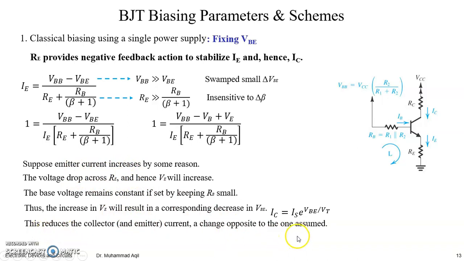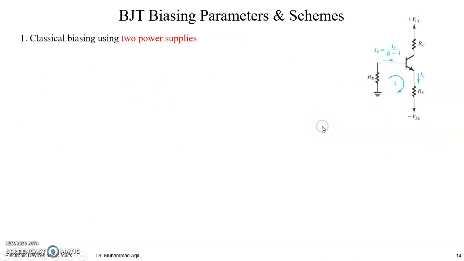But later we will see that the introduction of this RE in the circuit of course provides stability in the biasing current but reduces the gain. And do we have any solution for that? Let's see in the later slides.